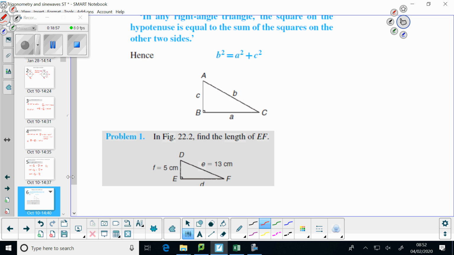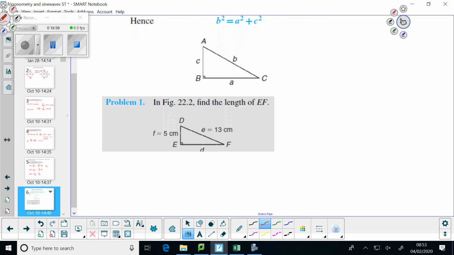If we want to find the length of the side EF, that's this side here, how would we do that? We'd say we know that the length of DF squared is equal to DE squared plus EF squared.